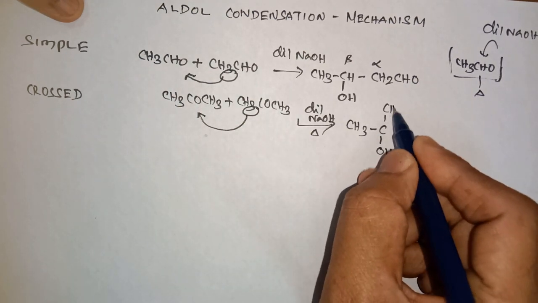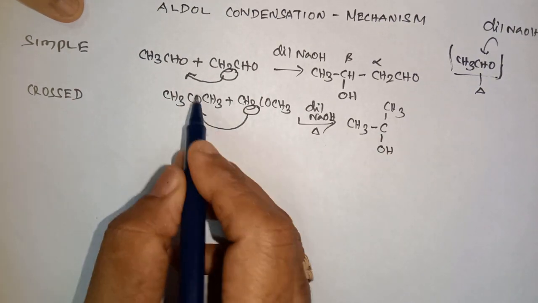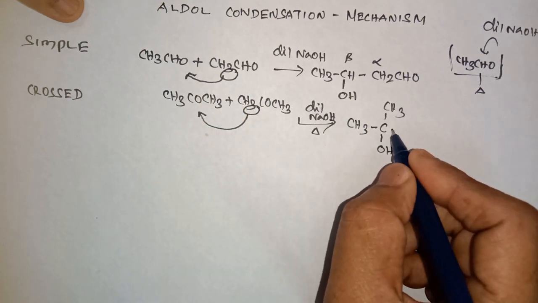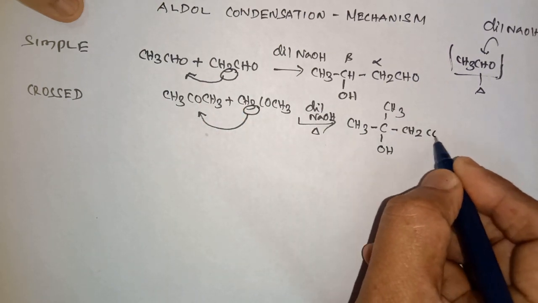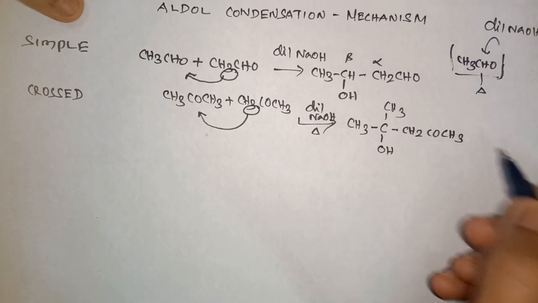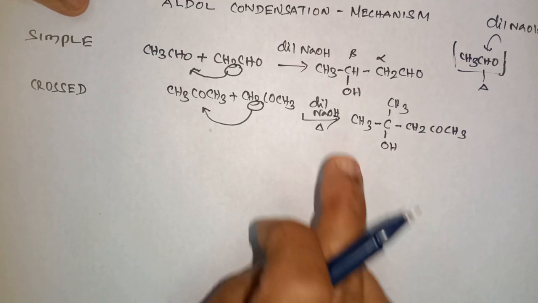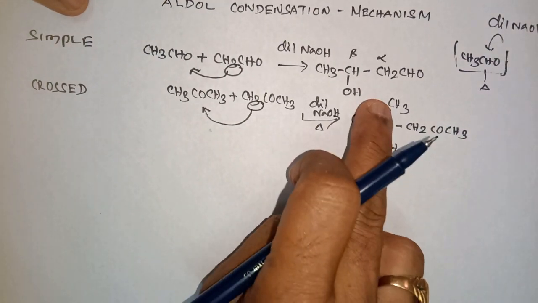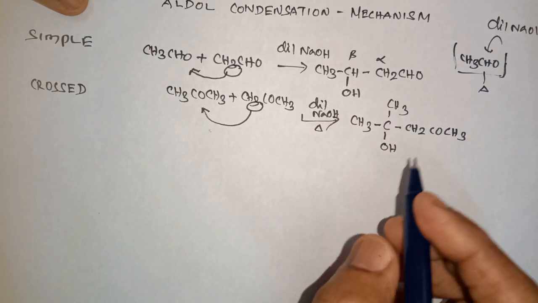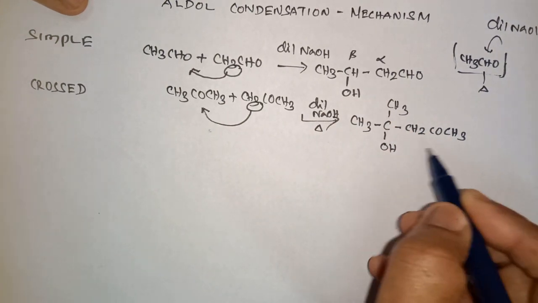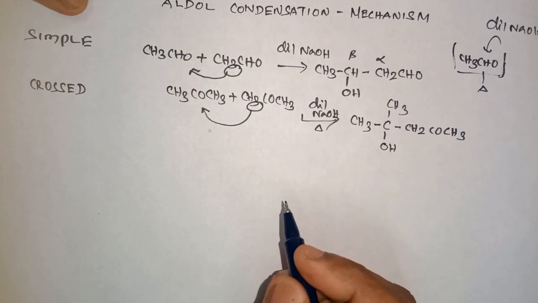This side you can write CH3. This is CH3 and this is CH2COCH3. It is CH3C(OH)CH3CH2COCH3.